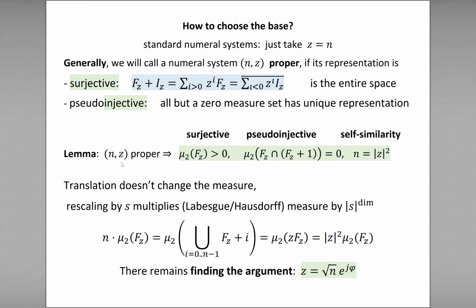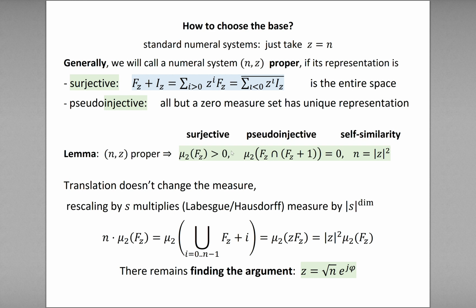So to make such a pair, this n number of digits and z base, proper as surjective and pseudo-injective, we need that this fractional part has non-zero second Lebesgue measure, because otherwise we have only a countable number of copies by adding this integer part, so it couldn't be surjective.